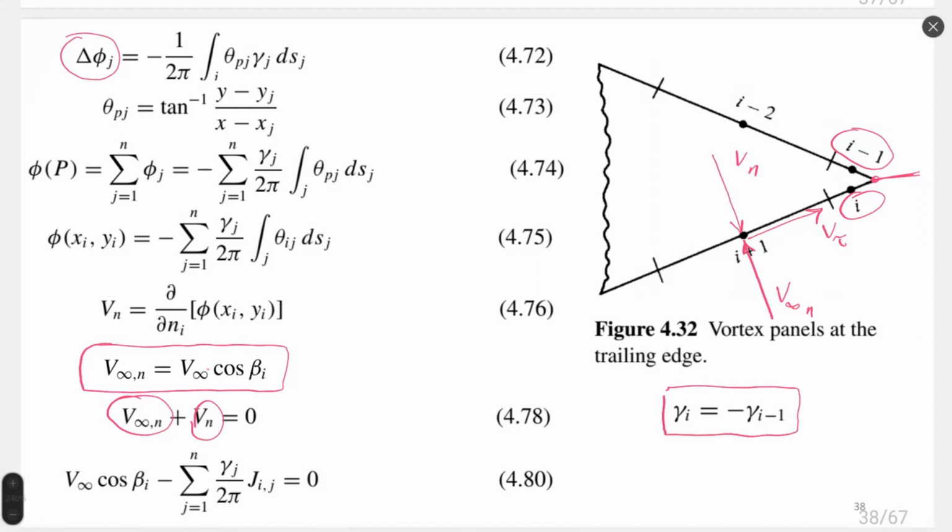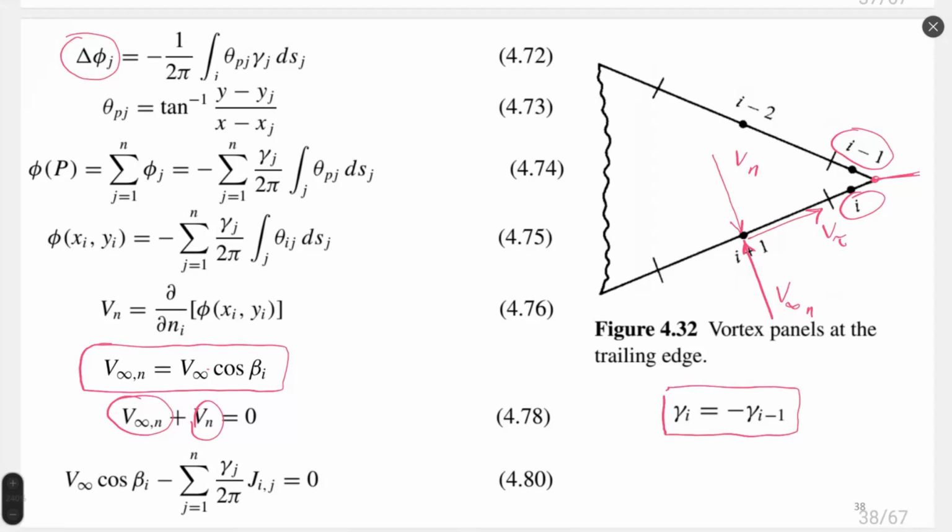The vortex distribution must be integrated to calculate the potential function on the panel, but since it's constant, instead of integration we use just a product. This is why gamma in further equations, in equations 74 and 75, will be outside of the integral, because gamma is constant on each panel.